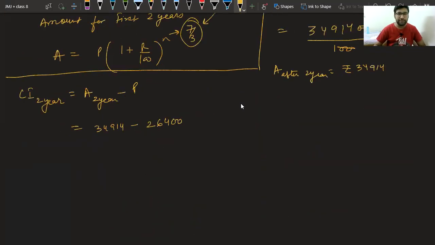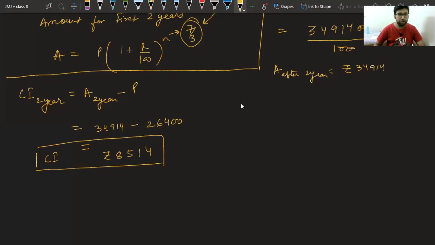How much compound interest, class? 4 will come, 1 will come, 5 will come, then 14 minus 6, 8 will come. Class, please confirm. No one is replying. Is this the interest amount? 8514. Yes, this is the compound interest for 2 years.